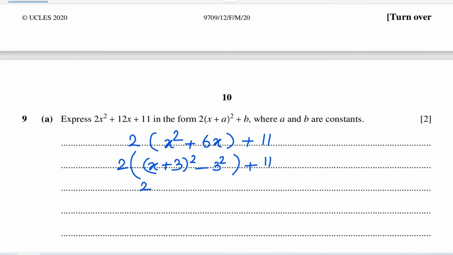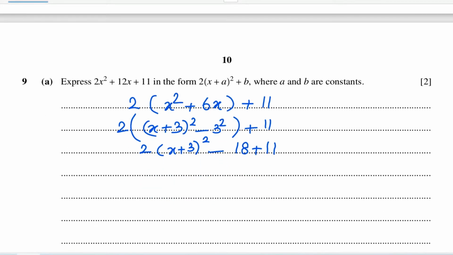So this can be written as 2 multiplied by x plus 3 the whole square minus 2 multiplied by 3 square, which is negative 18, plus 11, equal to 2 multiplied by x plus 3 the whole square minus 7.